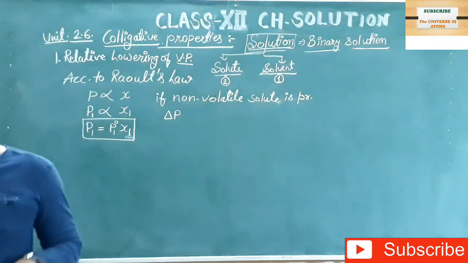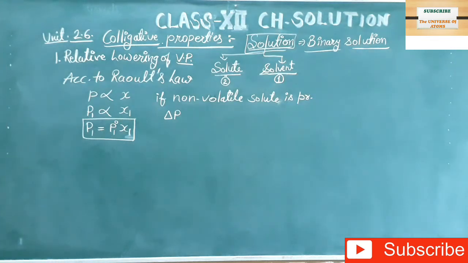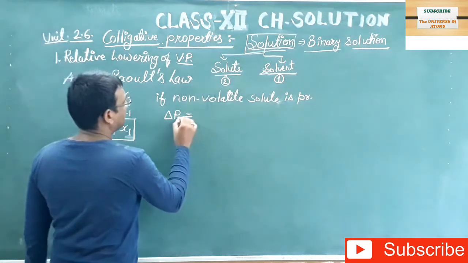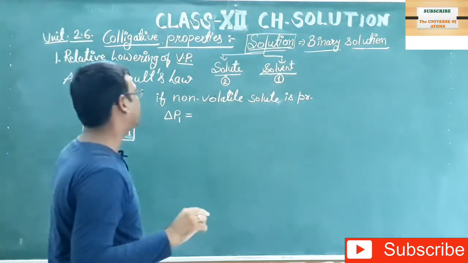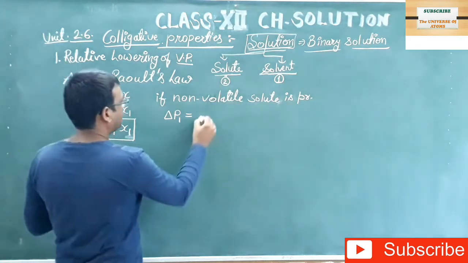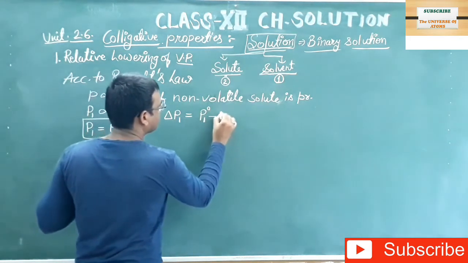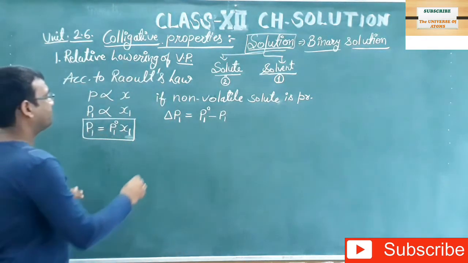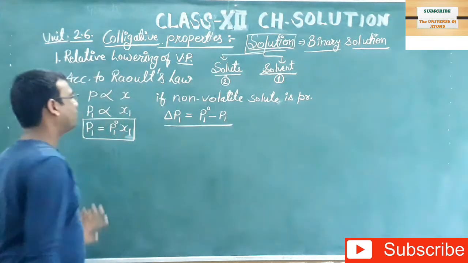What am I saying? Change in vapor pressure, that is delta P. Now which one is higher, P1 naught or P1? Here we can say P1 naught is higher than P1. Delta P1 equals P1 naught minus P1. This is the change in vapor pressure.